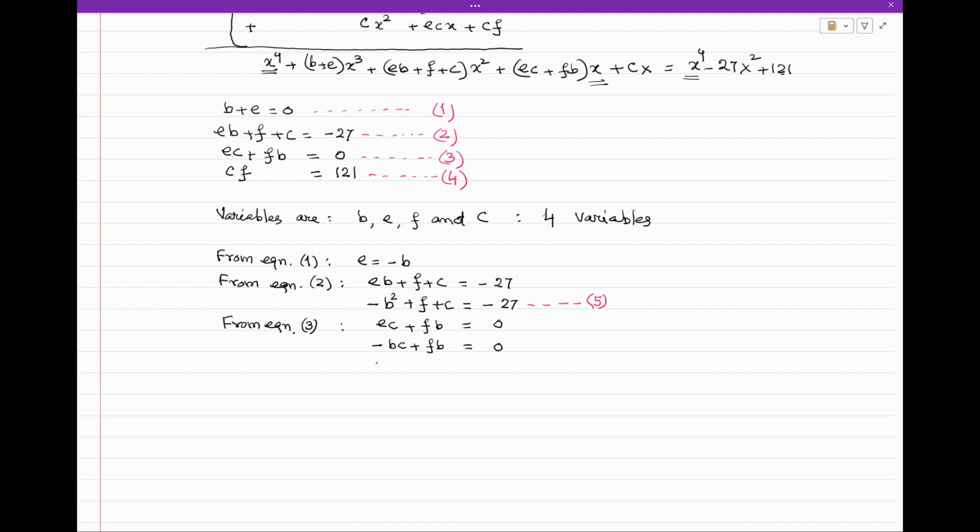If you take b common from the two terms on the left hand side, we get b multiplied by (f minus c) is equal to 0. This implies that either b is equal to 0 or c is equal to f.